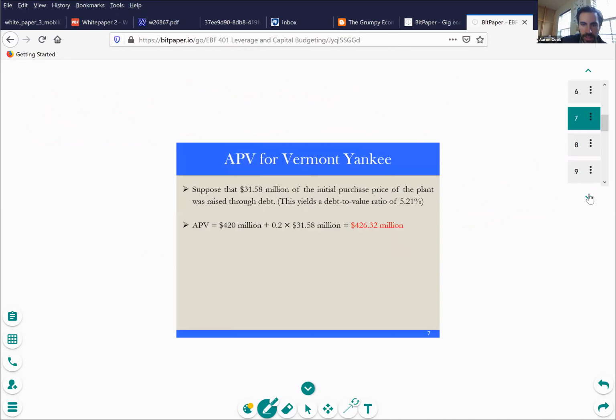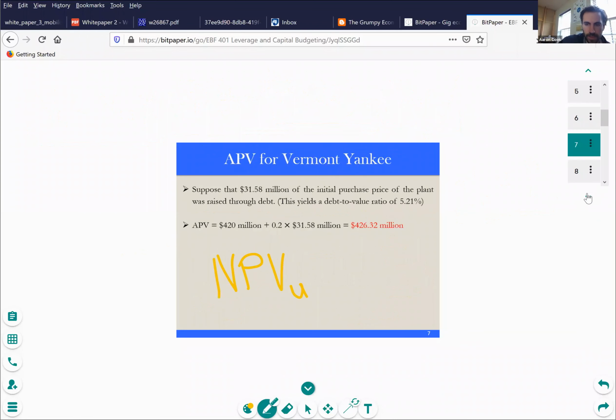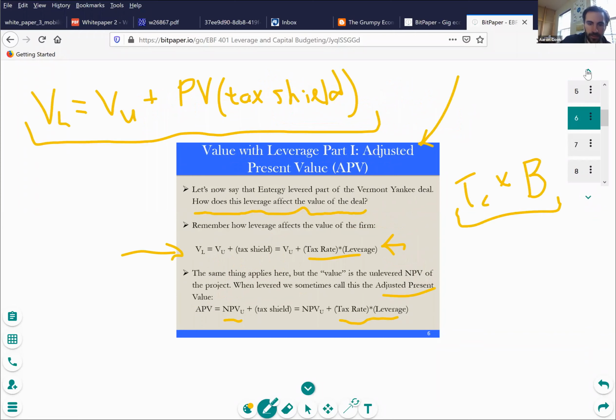Okay, so in our case, the NPV of the unlevered firm, that was the 420 million that we had calculated from the all equity deal. So that's part of this equation. We have NPV of the unlevered firm as one of our inputs.